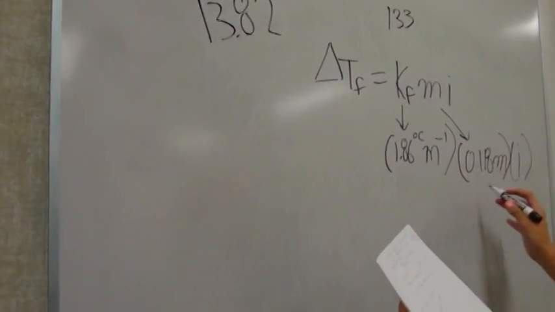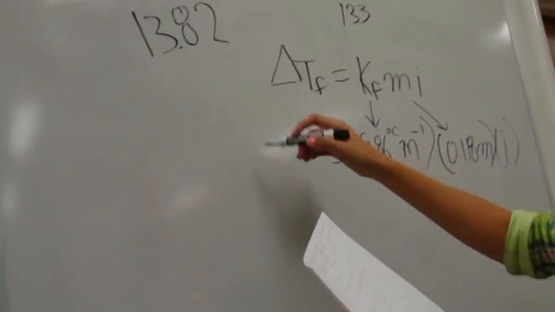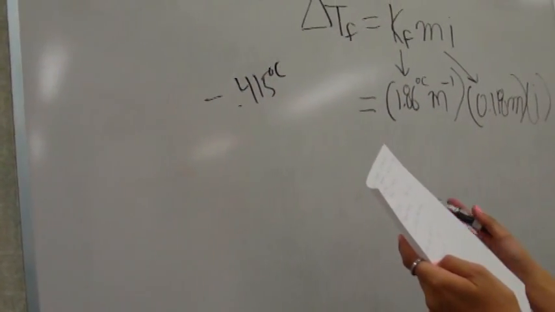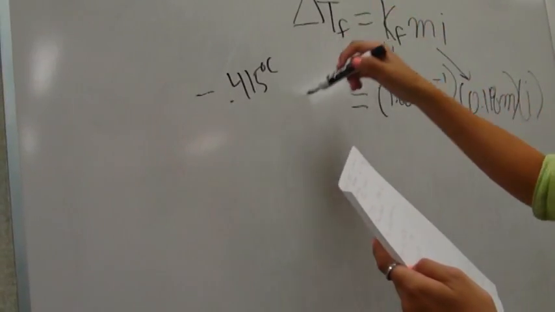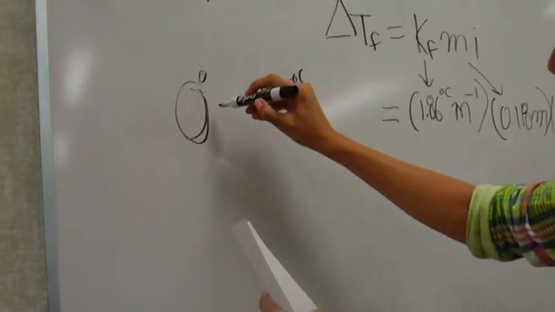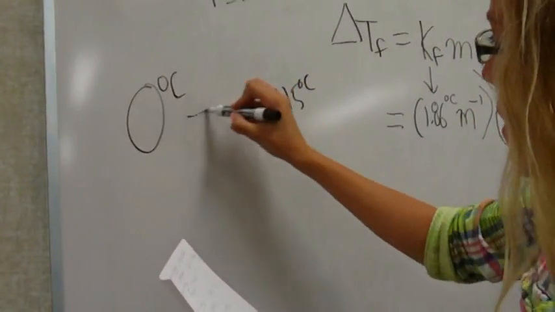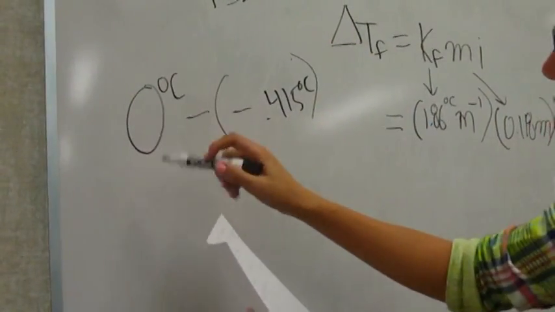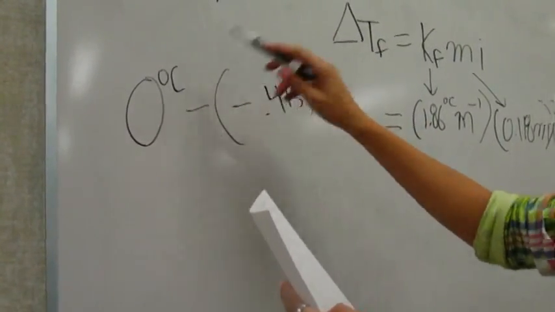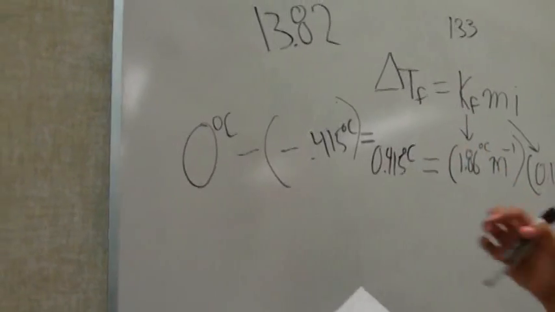Still looking for i. It also told us that the freezing point of the solution is negative 0.415 degrees Celsius. Since it's a solution in water, the change in temperature is going to be the freezing point of water, which is 0 degrees Celsius, minus the freezing point, so it's initial minus final, and that's going to give us our change in temperature. So if we do that, then it's positive 0.415 degrees Celsius for our change in temperature.